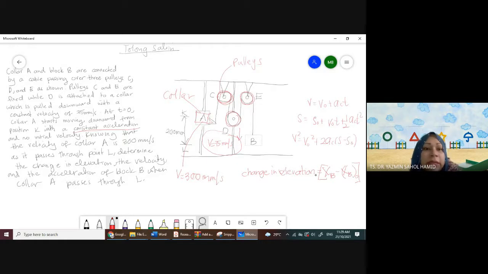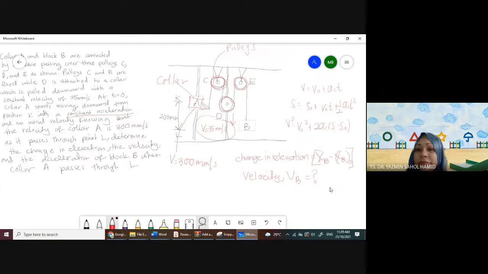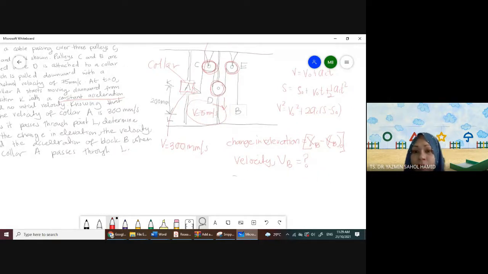Then it wants the velocity of block B, and lastly the acceleration of block B. So it wants the change in elevation of block B, the velocity of block B, and also the acceleration of block B.